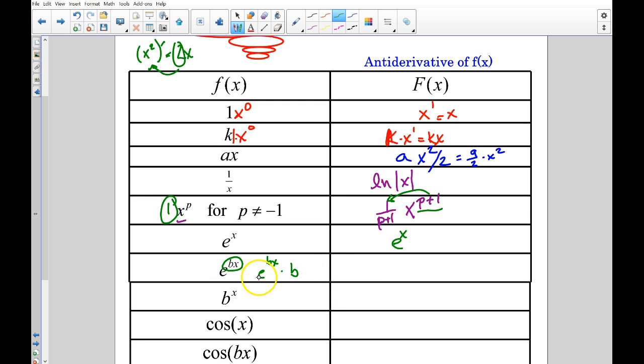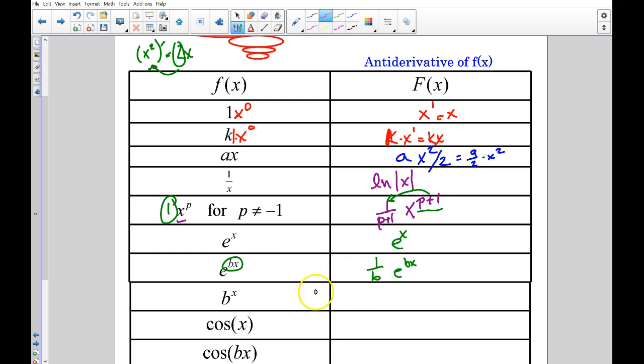But now, again, I'm undoing differentiation, so my e to the bx is still going to be there when I anti-differentiate, but the antiderivative is going to have a 1 over b. Again, because when I do the chain rule, I would multiply, so I need to undo that multiplication. I need to do division.